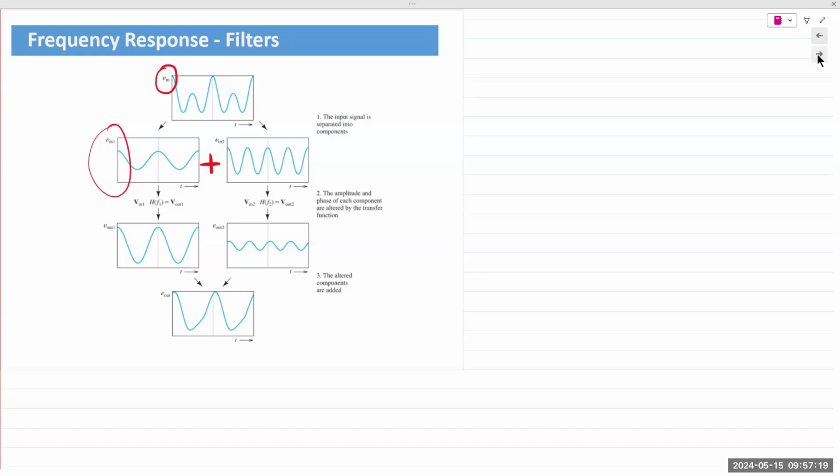So V in 1 is allowed to pass through, and is actually amplified, or made stronger, or made larger, whereas V in 2 is reduced.